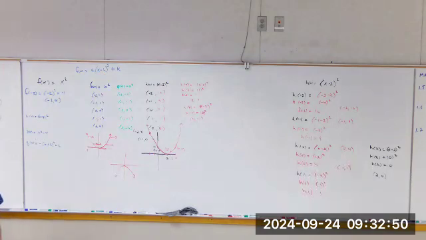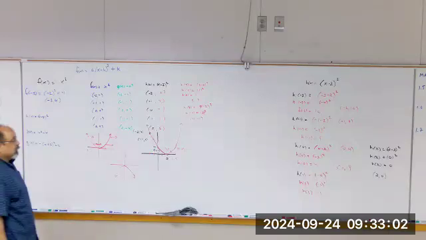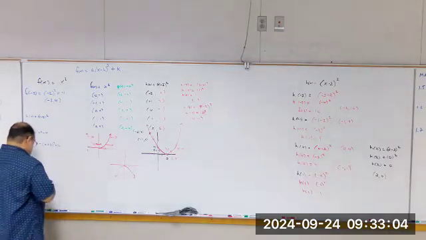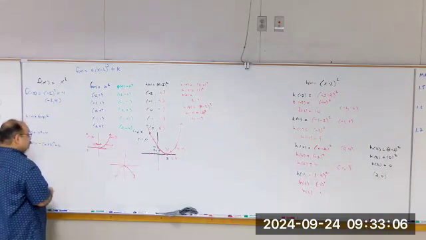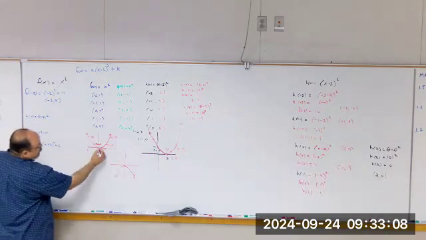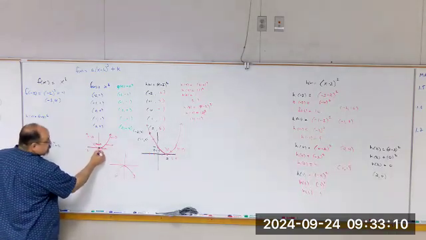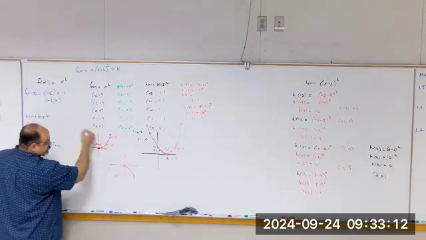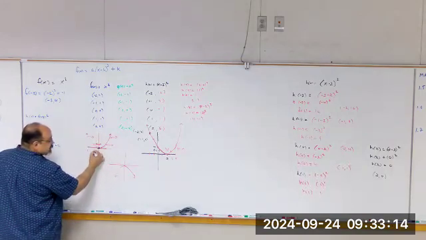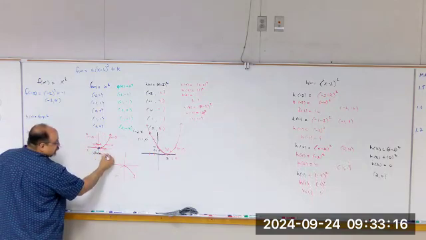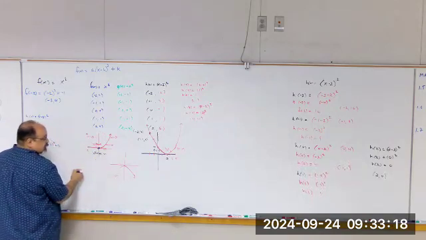The name of it is horizontal shift. If I see minus 5, it's going to go to the right side. You know what number we really like to plug in? 0. This point right here where it changes from decreasing to increasing has a special name. That's called the vertex of the graph.